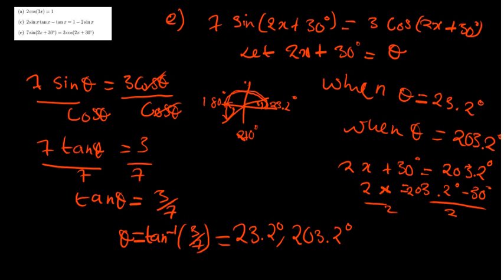So x will be equal to 203.2 minus 30, divided by 2, and you get 86.6 degrees. So that's how you go about this question.